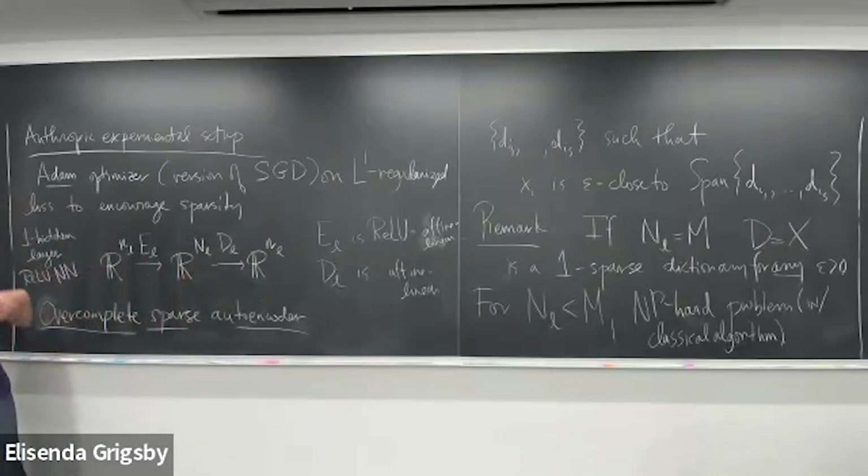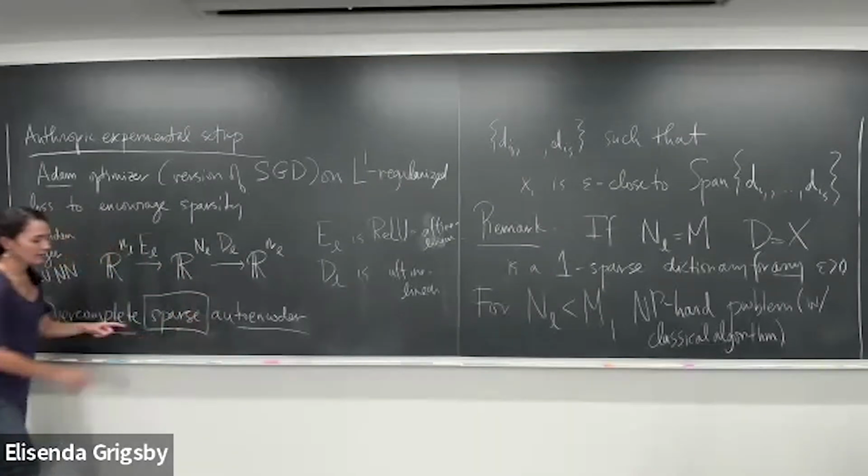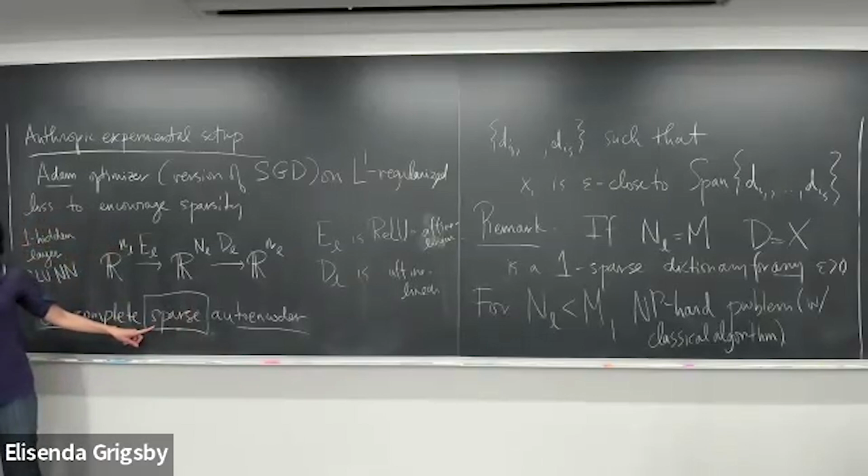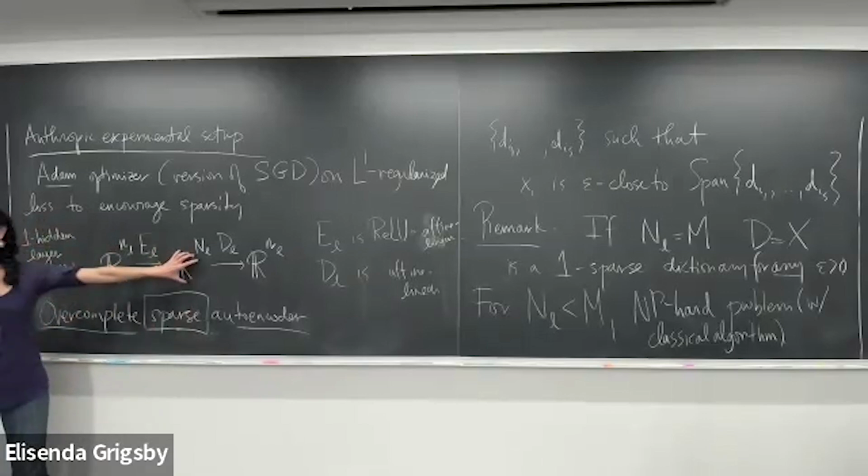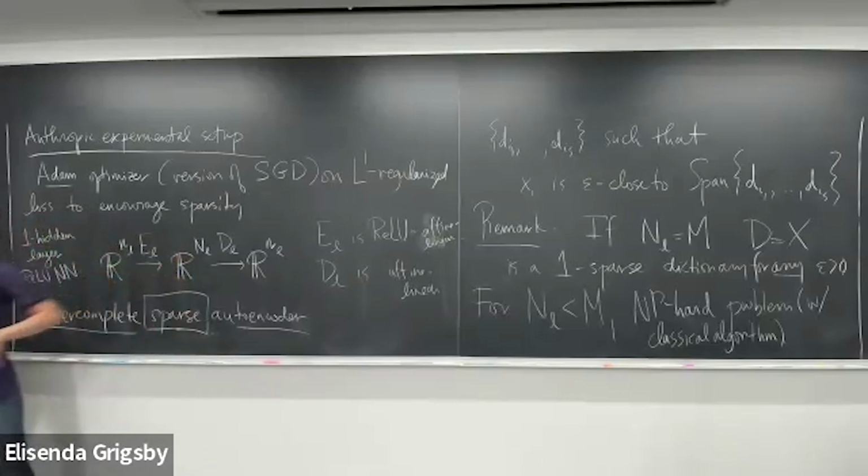You do that by picking an appropriate loss function. And the encouraged sparsity comes from adding a regularization term to encourage the result to have sparsity here. I'll write it down.